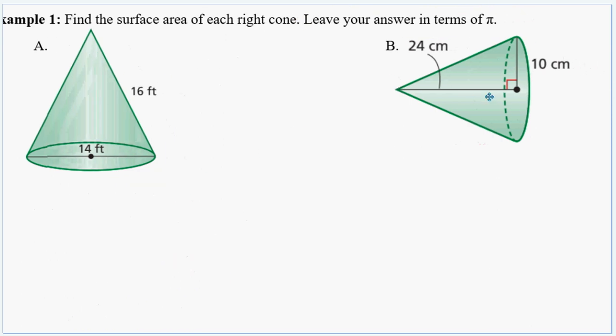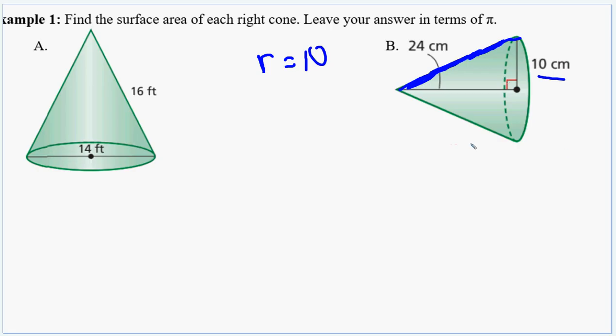All right, letter B, a little different. Here they didn't give us the diameter, they just handed us the radius, that's 10. But this is not our L, that's the height of the cone. What we need is this edge I'm hitting in blue ink. That's the hypotenuse of a right triangle.